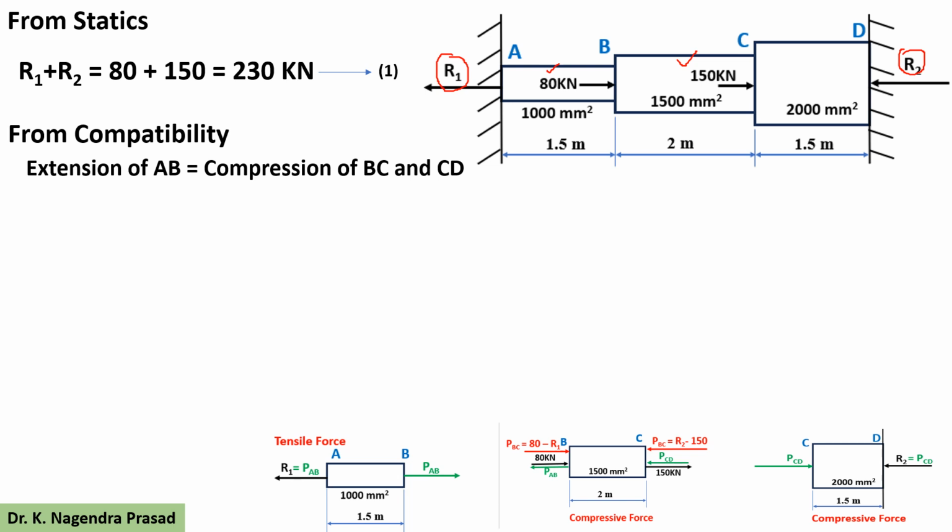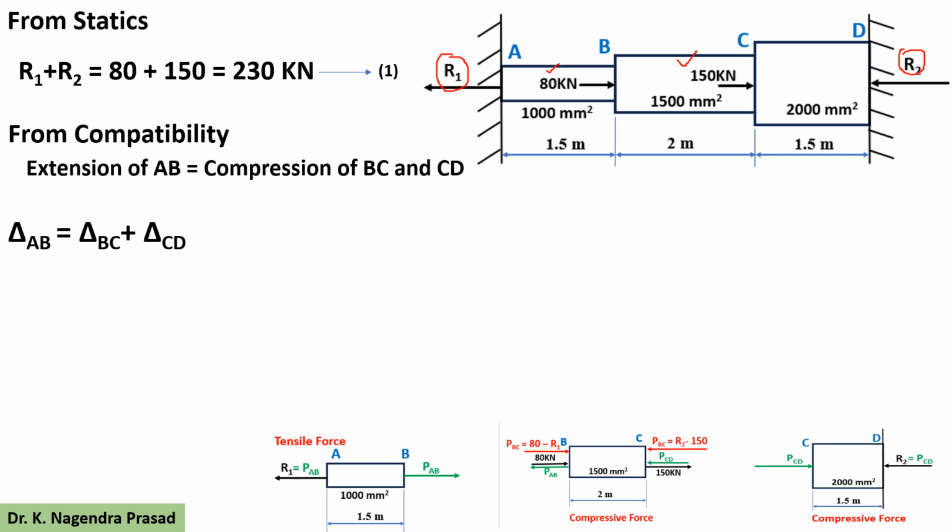Then extension of AB equal to the compression of BC and CD. So the deformation of portion AB equal to the deformation of portion BC and CD, that is delta AB equal to delta BC plus delta CD.